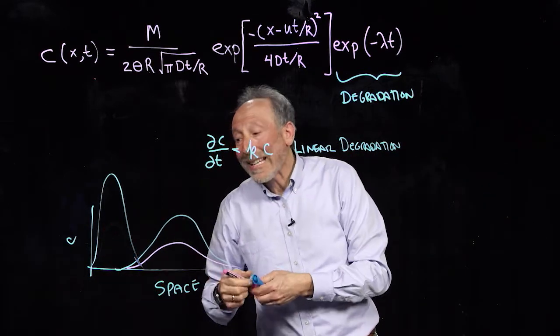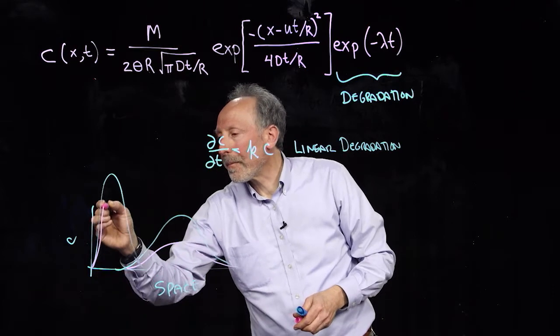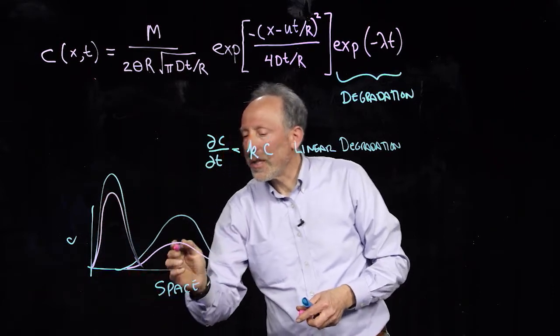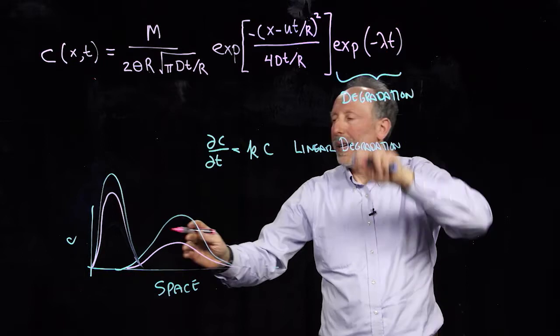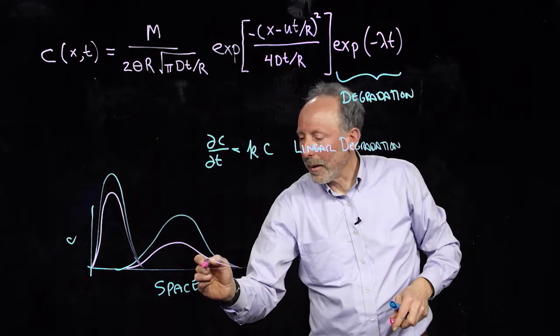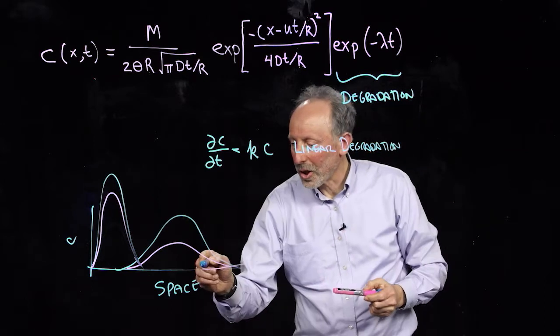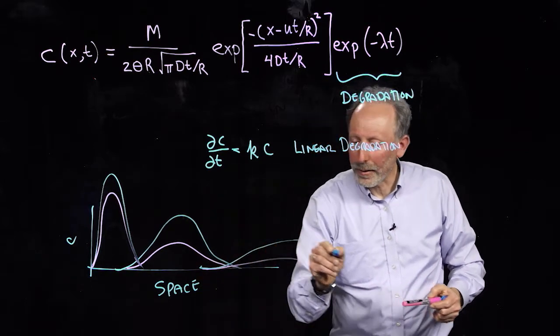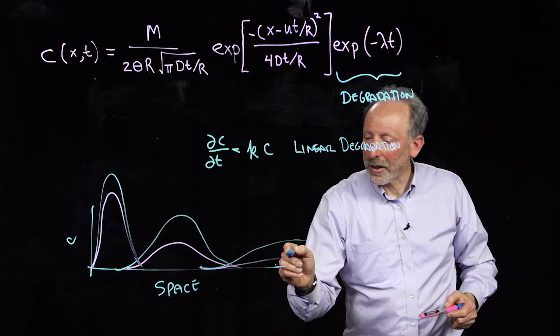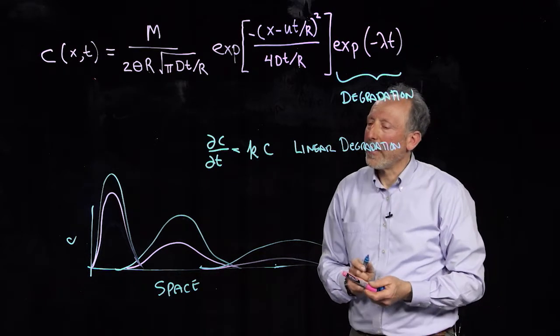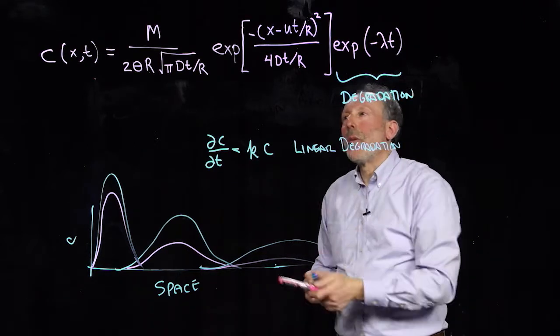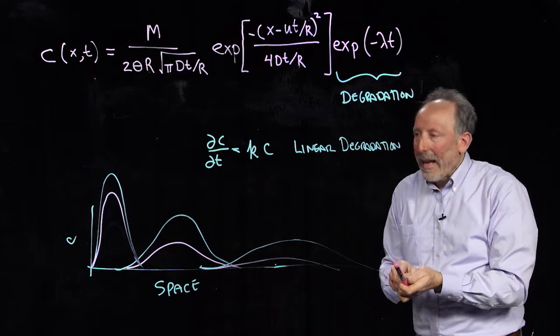Why? Because it hasn't been exposed to degradation as long. So this degradation multiplier is getting more and more influential as time goes on. So our undegraded plume might be higher, but our degraded plume might be very, very low. So that's the simplest way to describe degradation.